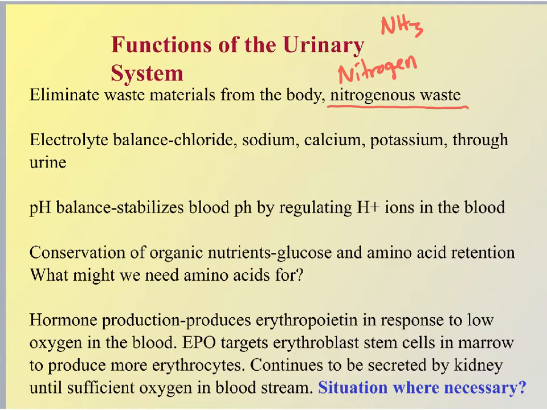Another thing that the urinary system accomplishes is a balance of ions, or what we would call also electrolytes. So the urinary system is going to balance chloride ions in the blood, sodium ions, calcium, potassium, all of those things are going to be balanced between the blood and your cells, and all of those things are continuously being balanced between the fluid that the kidneys are transporting and the urine and the blood.